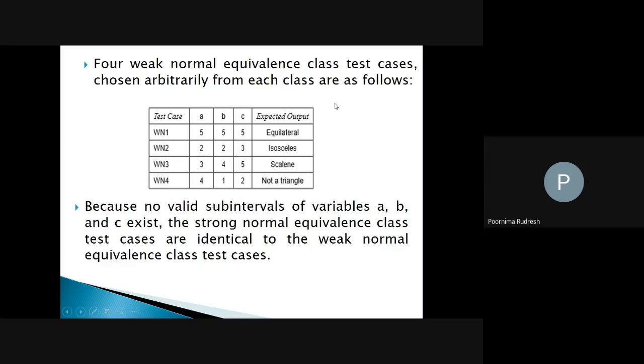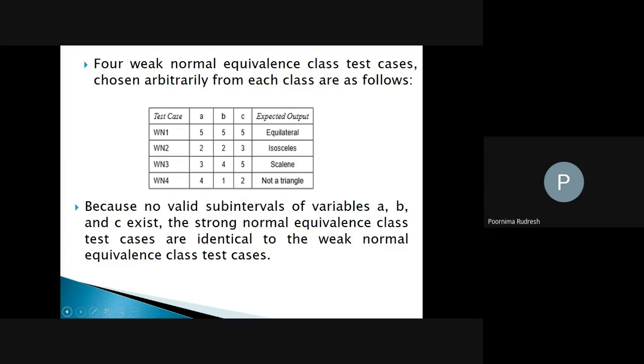Okay, so hence here we have constructed the test cases for the weak normal equivalence class by considering only the valid values of ABC. Next, we'll consider the invalid values. So here, no invalid intervals of variables ABC exist, so the strong normal equivalence class test cases are identical to the weak normal equivalence test cases.